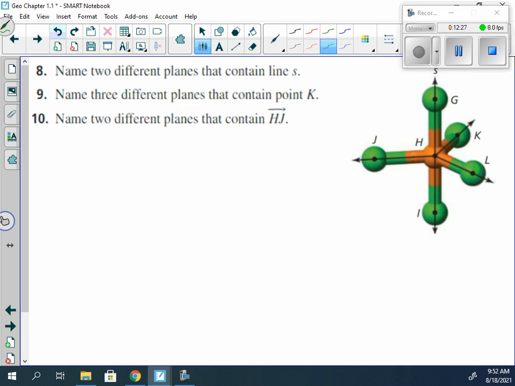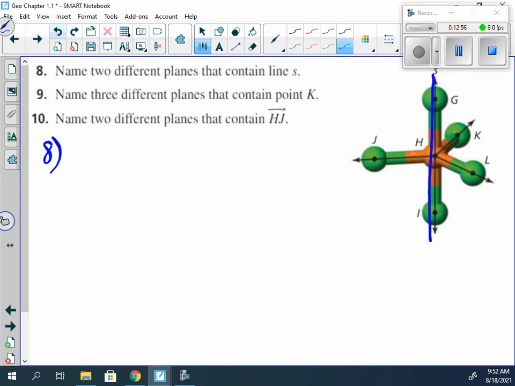Name 2 different planes that contain line S. Straight up and down, 3 names. Do we feel comfortable with this? Yes? Or do you want to see these? Okay. 8. Name 2 different planes that contain line S. JHJ.